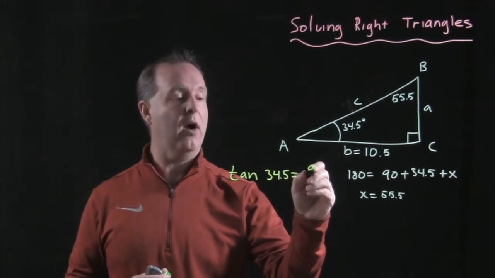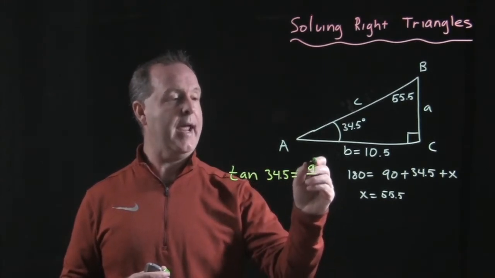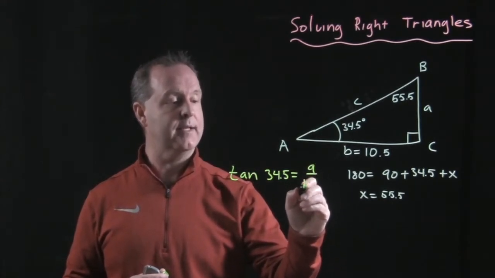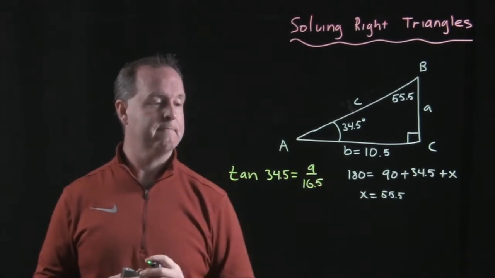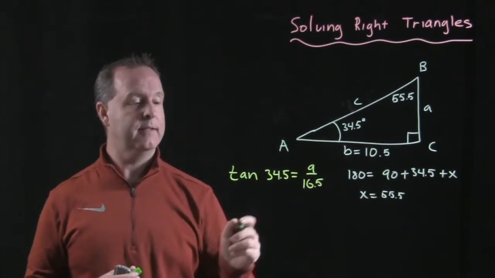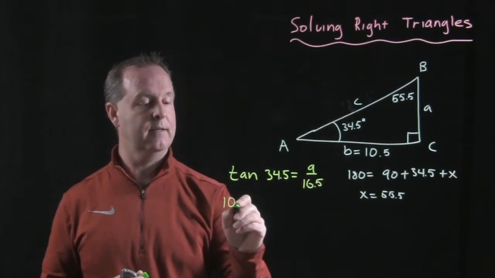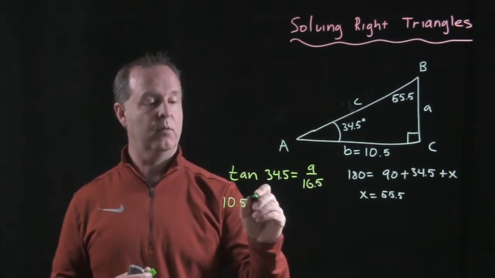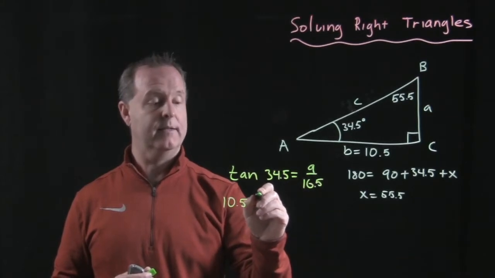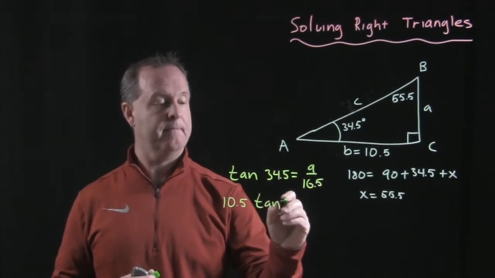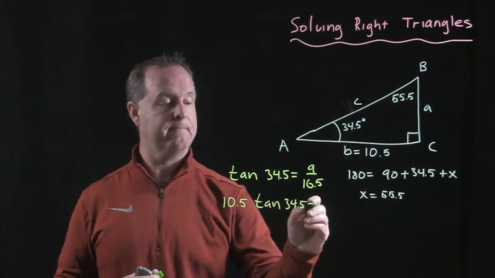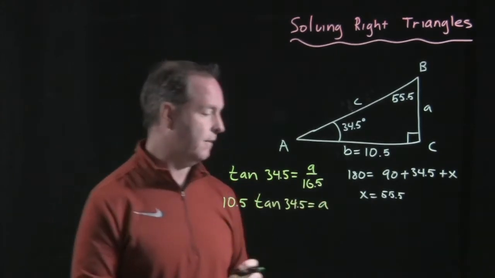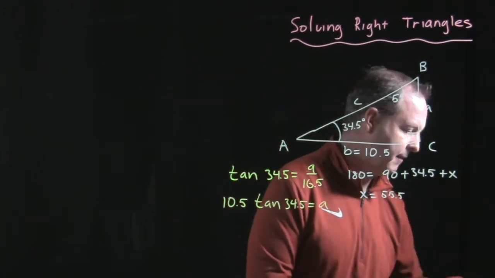So I have some A over B, and B was defined as 10.5. I could solve that for A. I'll multiply both sides by 10.5, which will give me 10.5 times the tangent of 34.5 equals A. From there, I'll need a little black box to help me figure that out.